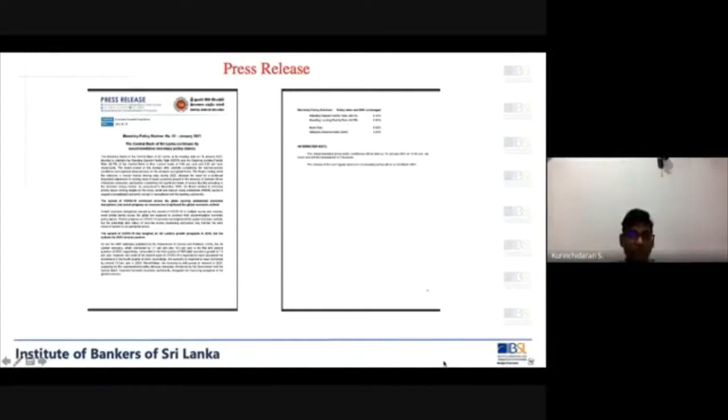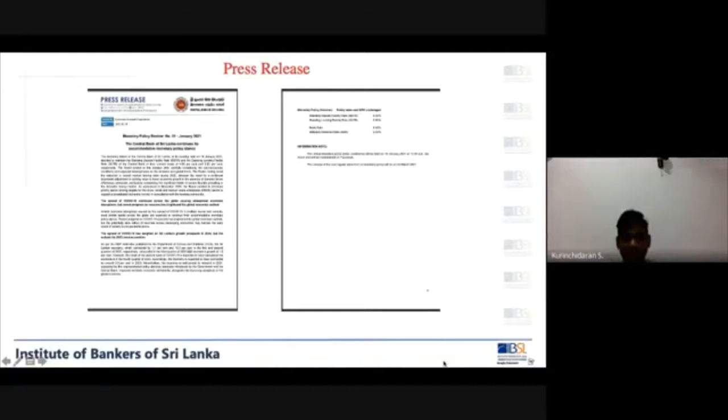So those are similar things to an accommodative monetary policy. That means, to revive the economy, the central bank is going to increase the money supply, right? And improve the economic activity. So the central bank is going to continue its stance in the future as well. That's what it says. So you can see the backup argument in the press release.